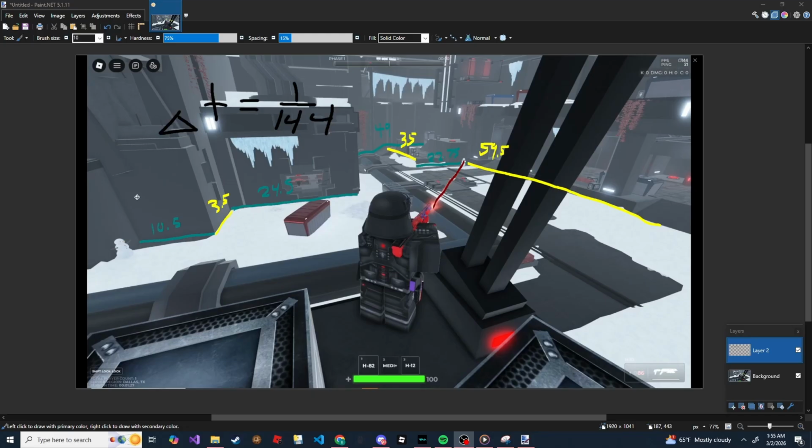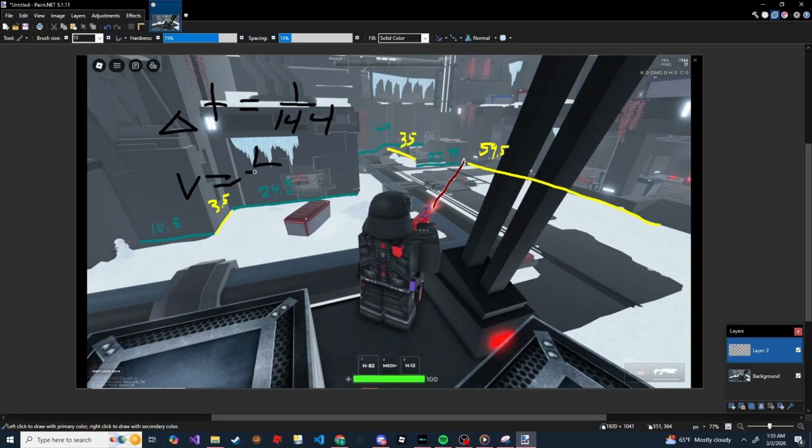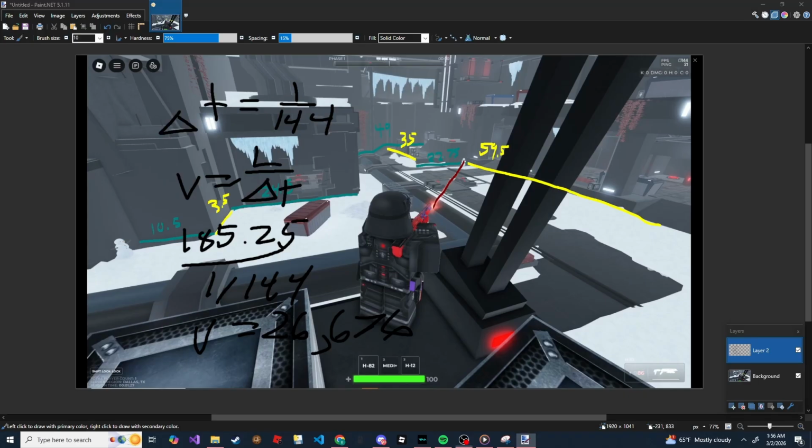Branching off this, we can take the velocity formula, which is just v equals L over delta t, and plug in everything. This becomes 185.25 divided by 1 over 144. If we calculate that real quick, let me do this in my head, V equals 26,676. And of course, the V is the velocity magnitude.